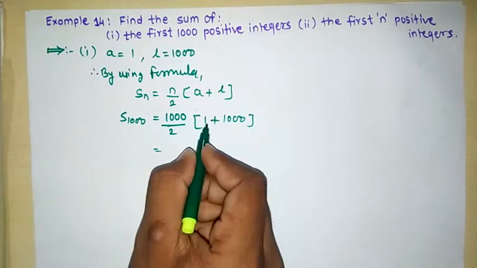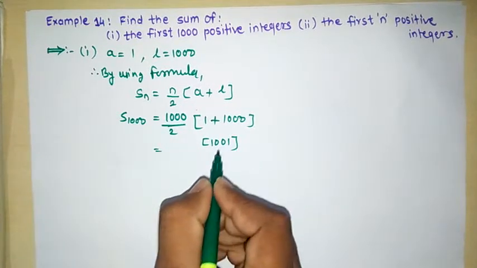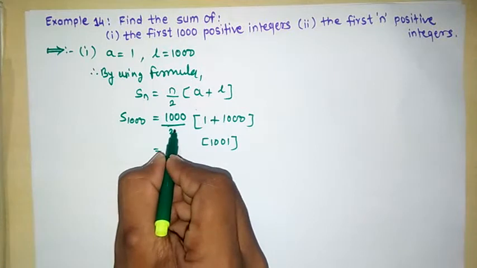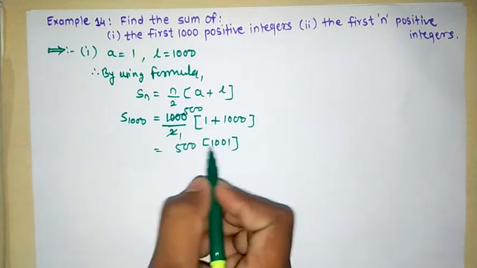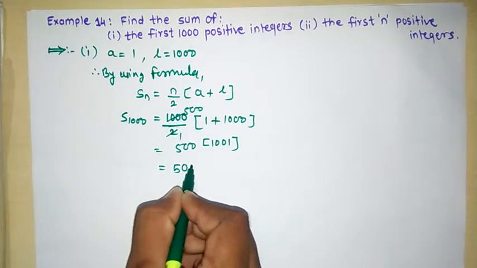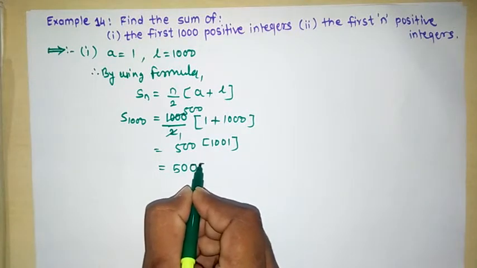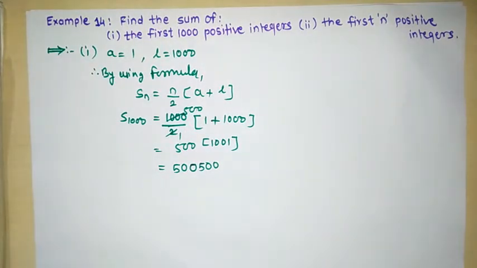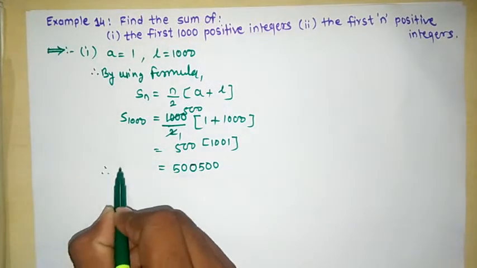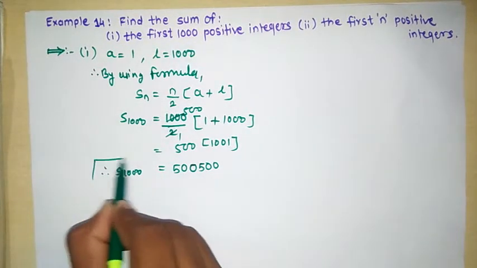Now 1000 plus 1 is equal to 1001. 1000 divided by 2 is 500. 500 into 1001 is equal to 500,500. Therefore S1000, that is the sum of the first 1000 terms, is equal to 500,500.